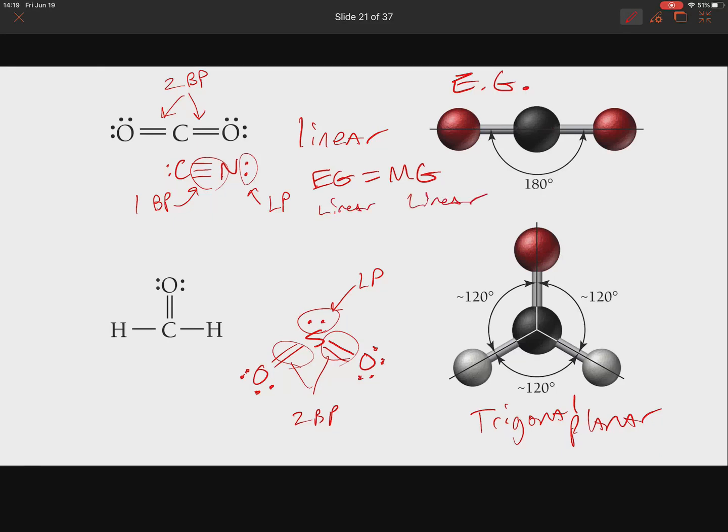But for these compounds, if you have all bonding pairs, we call you trigonal planar. But if you have 2 bonding pairs and 1 lone pair, we call you bent. And that's because if we were to simply see the arrangement of your atoms, you would look bent.